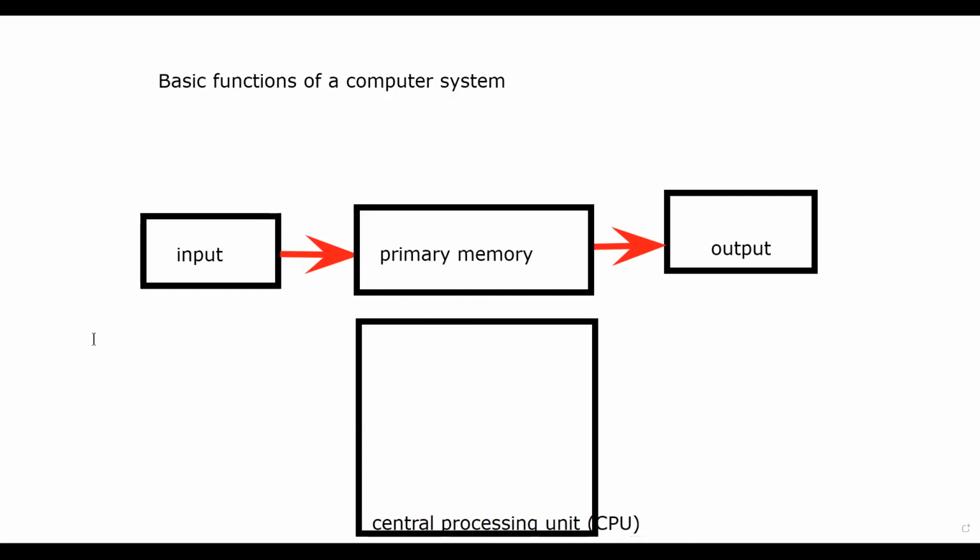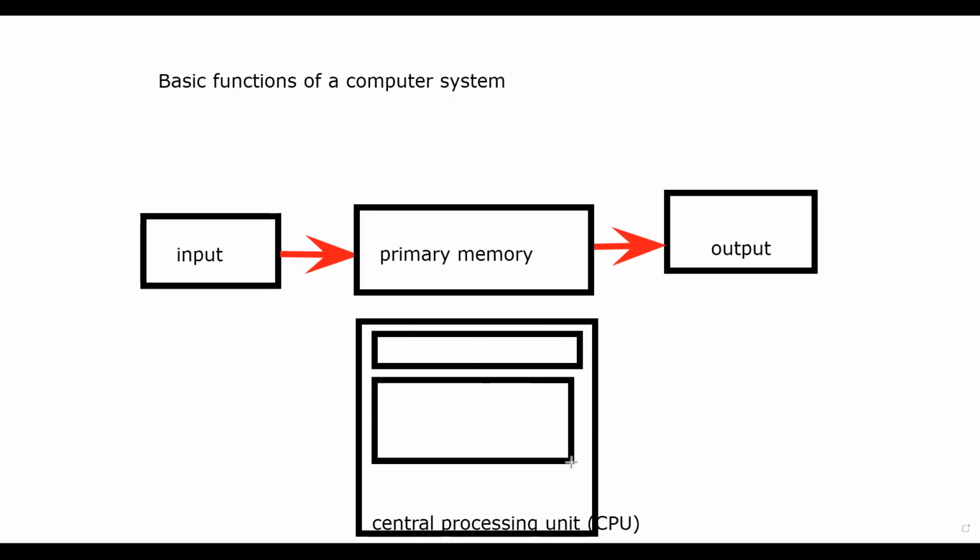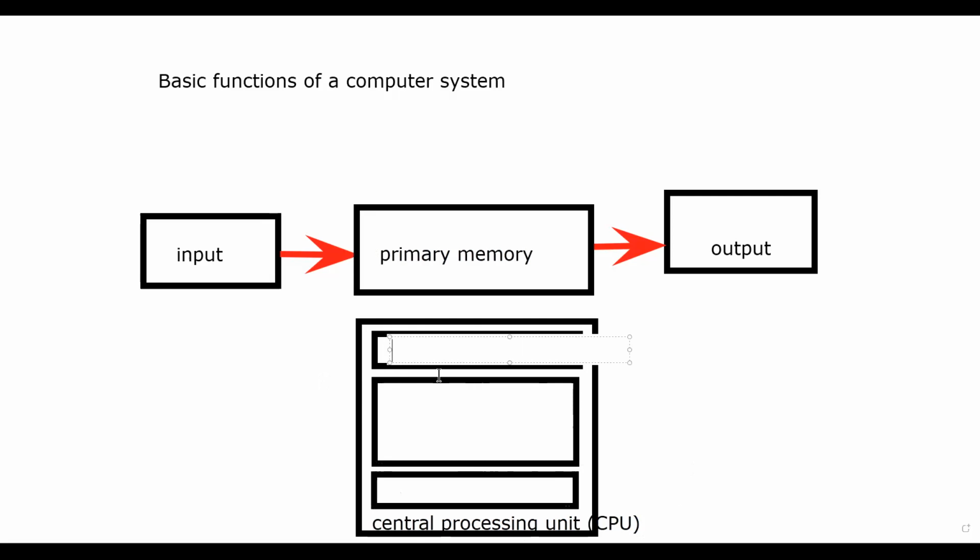But in the CPU, you have 3 parts, right? So we will have one, we call it memory registers, the small memories, and then you have the arithmetic and logic unit. Finally, you have the control unit. So you have 3 parts inside the CPU. The first one is memory registers, small memory locations.